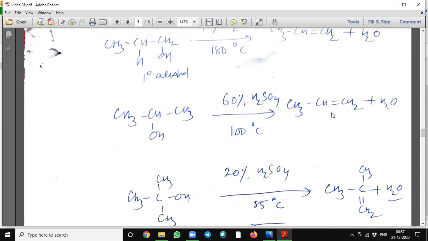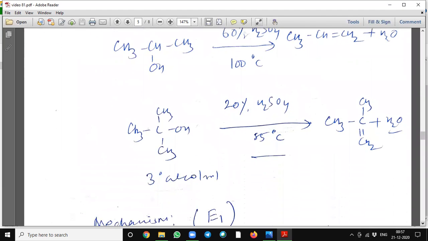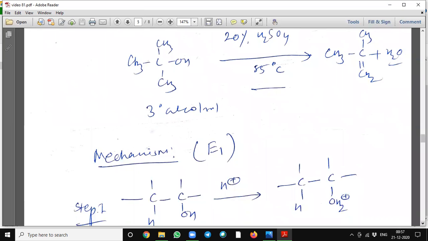It will again give you alkene, propene here. Tertiary alcohol requires very low concentration of sulfuric acid, about 20%, and the temperature is also lower compared to primary and secondary. It is 85 degree centigrade and it will give you isobutene. So on this basis, we can say the reactivity of tertiary alcohol is more compared to secondary and then primary.